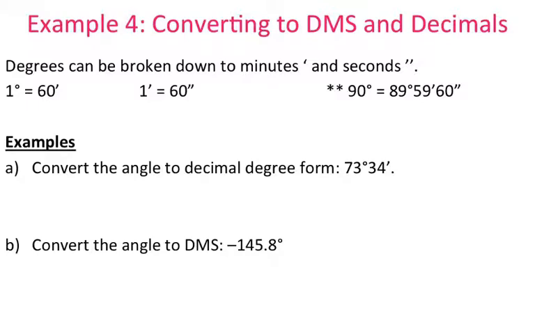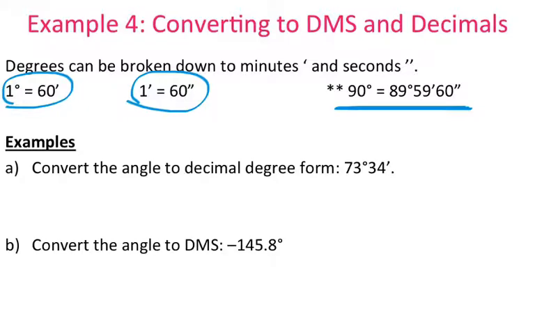You can break down a degree into minutes and seconds. So 1 degree is equivalent to 60 minutes, and 1 minute is equivalent to 60 seconds, just like in regular time. And this is just a little note that 90 degrees is equivalent to 89 degrees, 59 minutes, and 60 seconds.